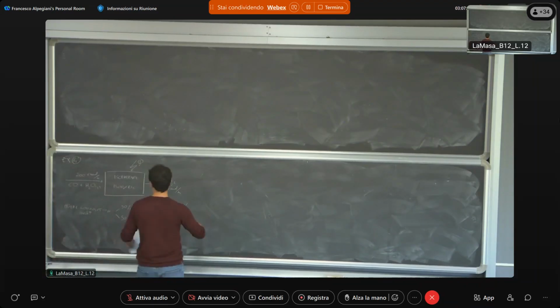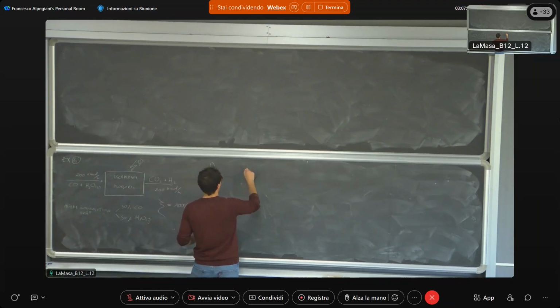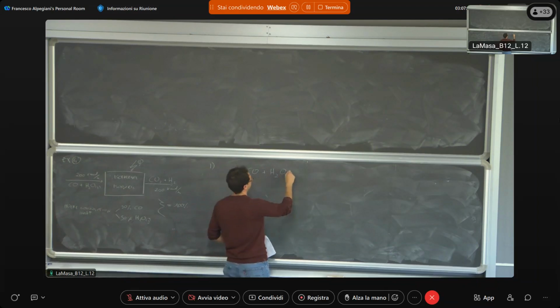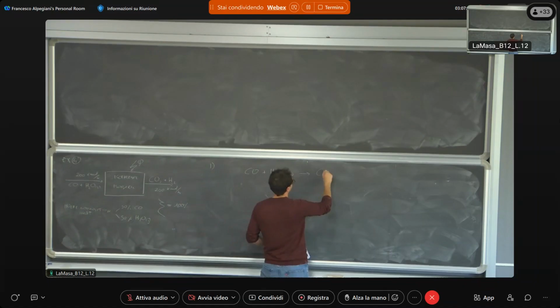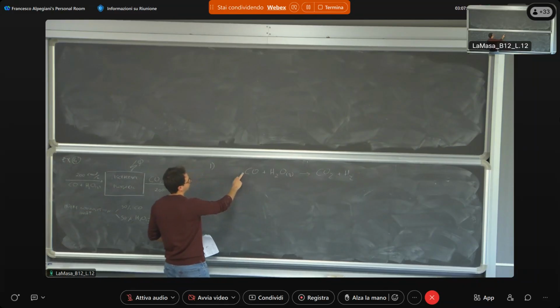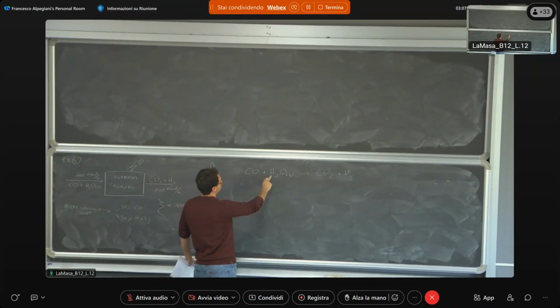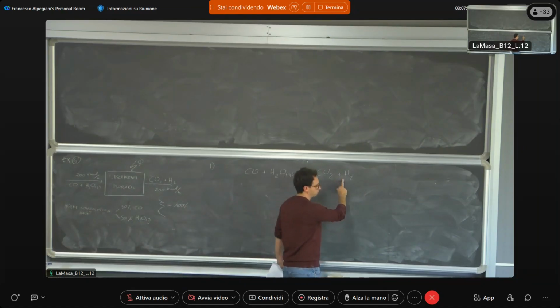So since the water gas shift reaction is CO plus H2O giving CO2 plus H2, you can see that for 1 mole of CO, 1 mole of water is needed for having 1 mole of CO2 and 1 mole of hydrogen.